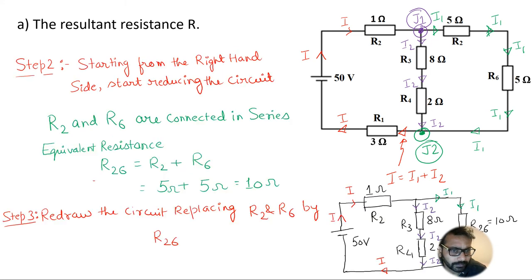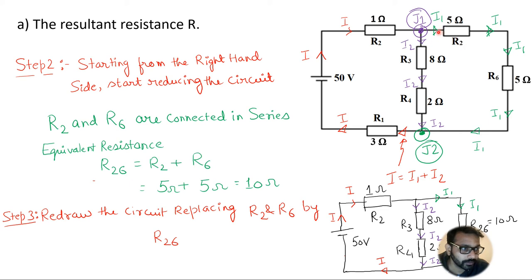Now, the next step is to start from the right hand side of the circuit and start reducing the circuit. Starting from the right hand side, the first resistances that I see are R6 and R2.